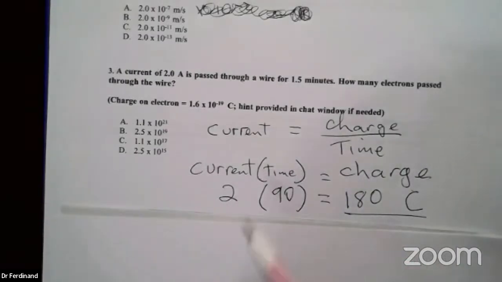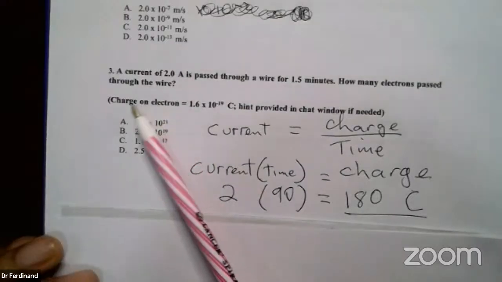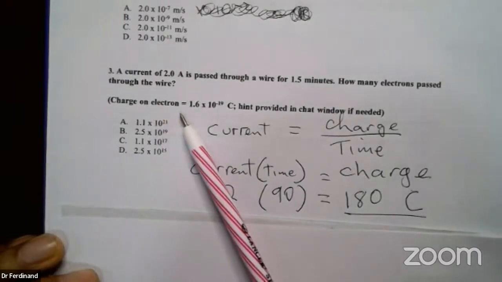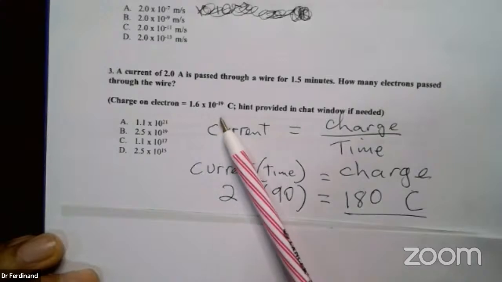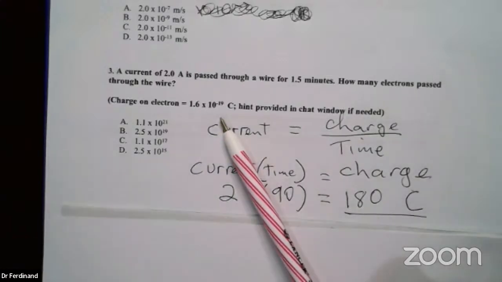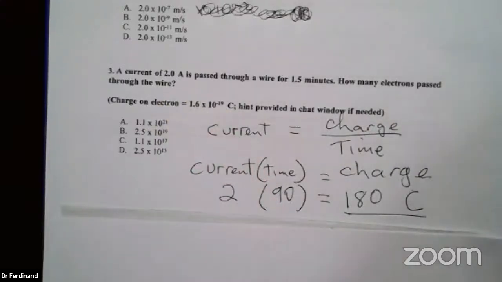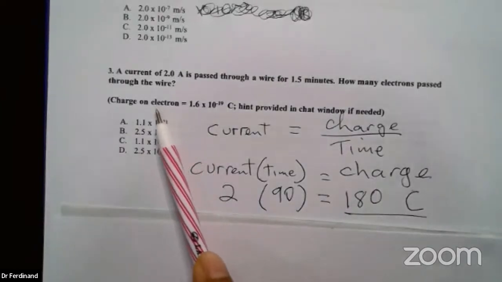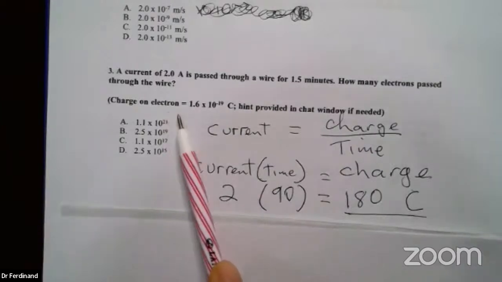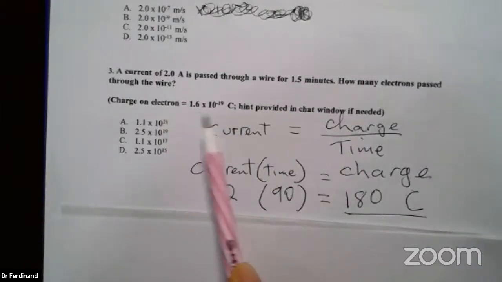Now, the charge on an electron is equal to 1.6 times 10 to the minus 19 coulombs. We need to convert this into a fraction which is the number 1. That's easy to do. It's the charge on one electron, so we can divide both sides by an electron.